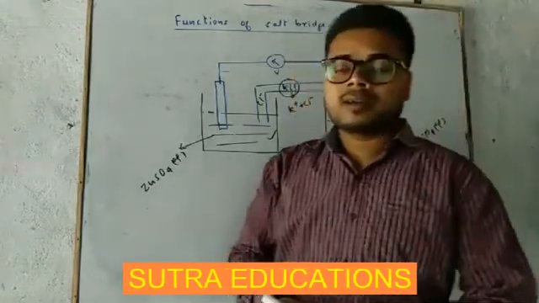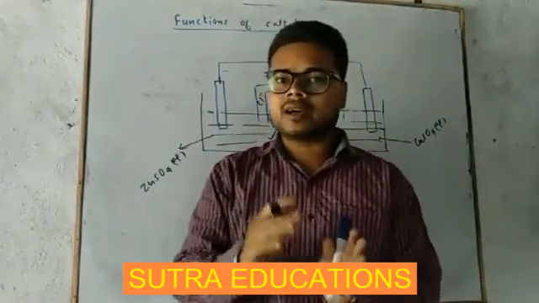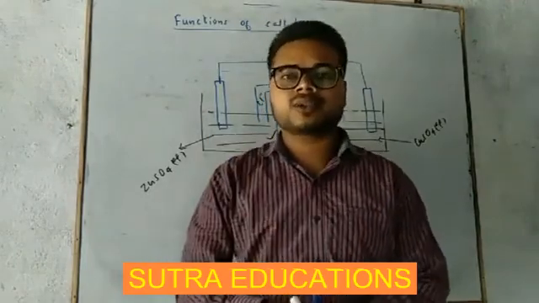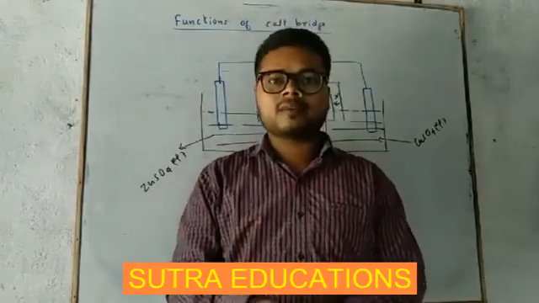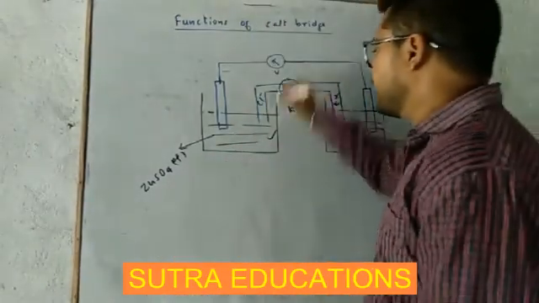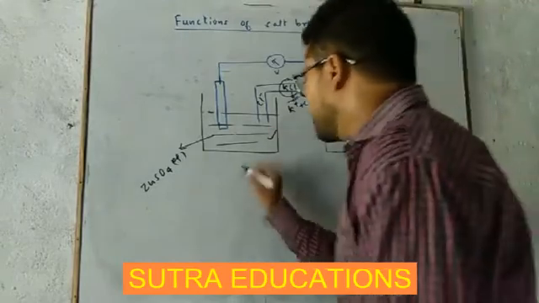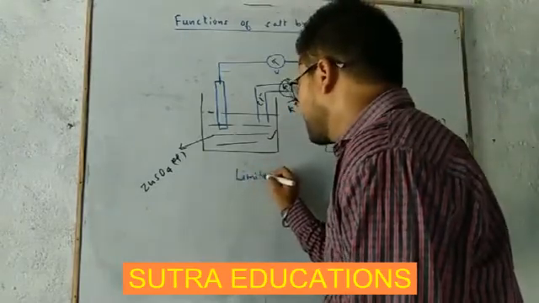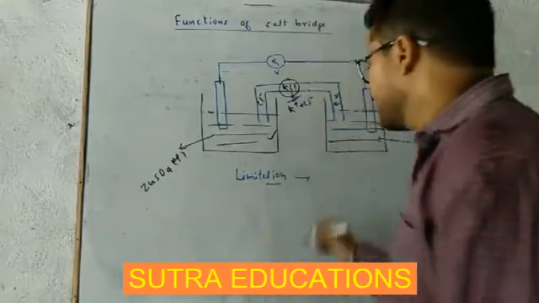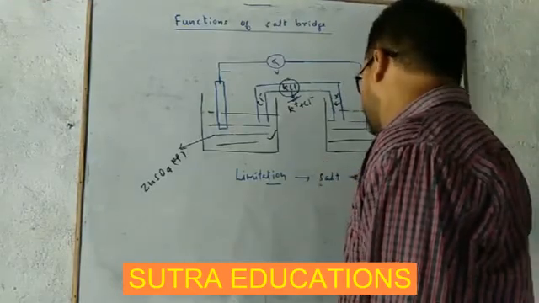But in every case, for every electrode, we can't use the same type of salt solution. Getting this or not? Why? Because two limitations are there while we will be using a salt solution in the salt bridge, and these limitations are: the first limitation is it should be inert.